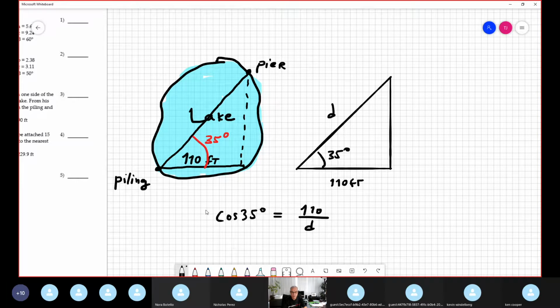Therefore, D is equal to 110 divided by cosine 35 degrees. Now, is it multiplication or division? Let me see.